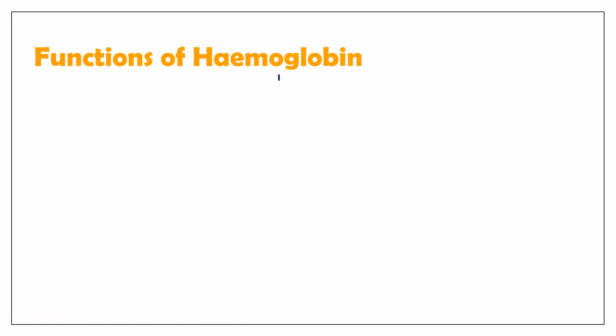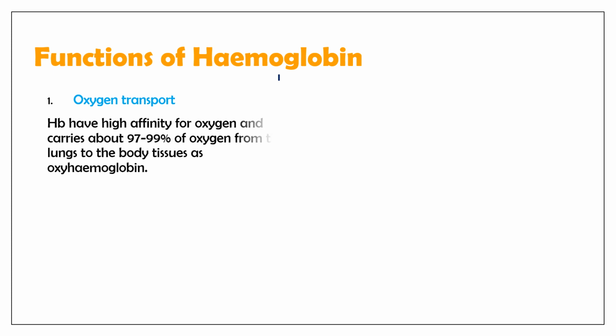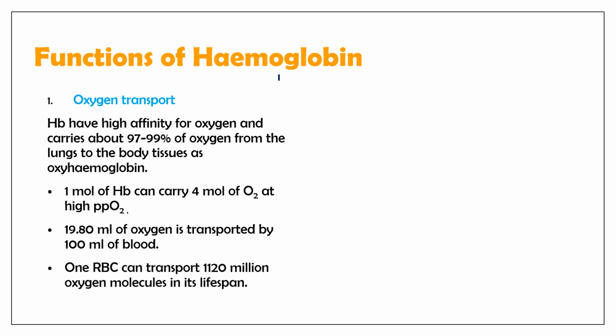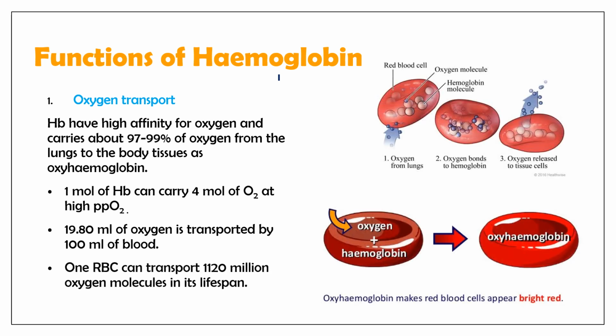So let's discuss the functions of hemoglobin. First is oxygen transport. Hemoglobin is responsible for 97 to 99% of the oxygen that is transported from the lungs to various parts of the body. Hemoglobin along with oxygen forms an oxyhemoglobin complex.